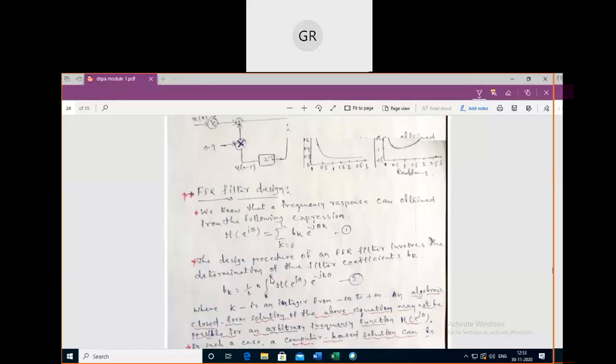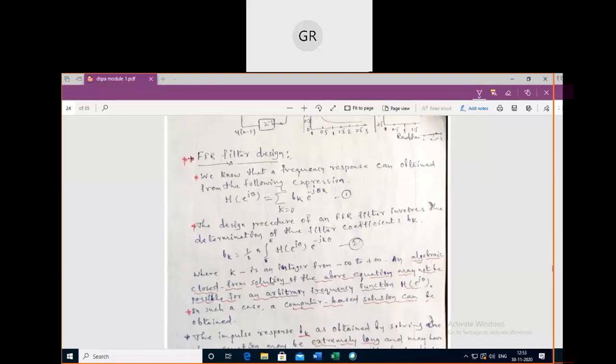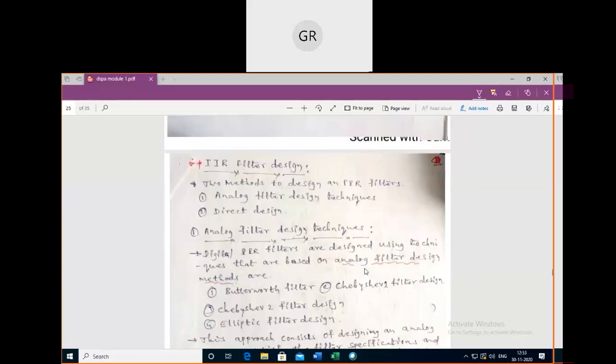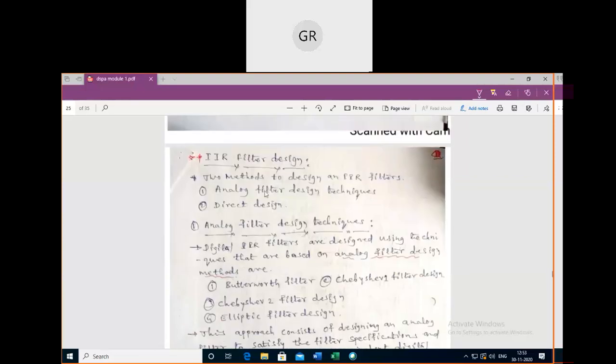The next topic is FIR filter design and IIR filter design. Please go through this IIR filter design. Here there are two types: one is analog filter design technique, and one more is direct design. In analog filter design, first we do the analog filter design, then we convert it to a digital filter.